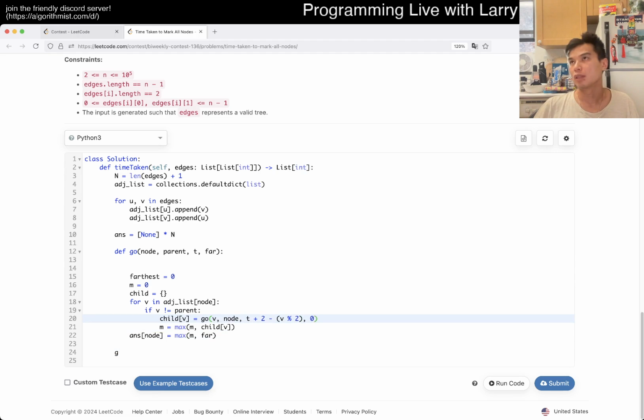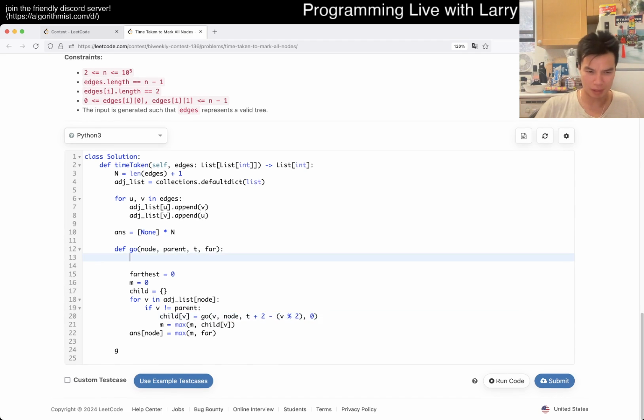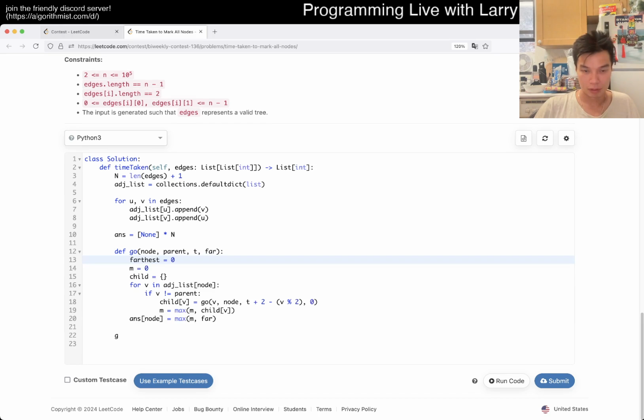Is this right? No, that's not right. I mean, that's what I wanted to be right. But man, it's been a while since I practiced this idea. Okay, so now you fill out the tree first. Oh yeah, okay, fill out the tree first.